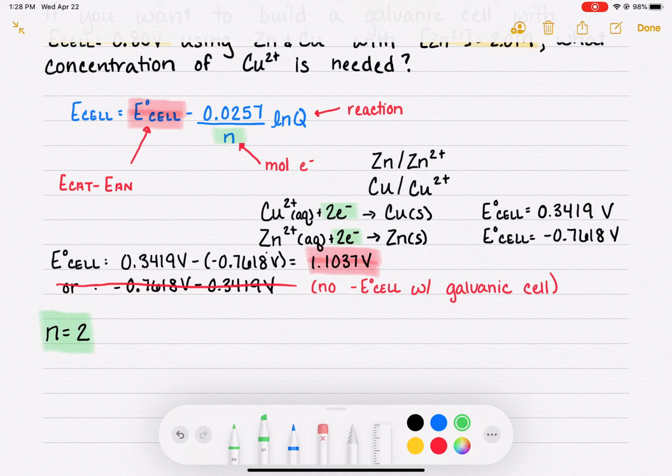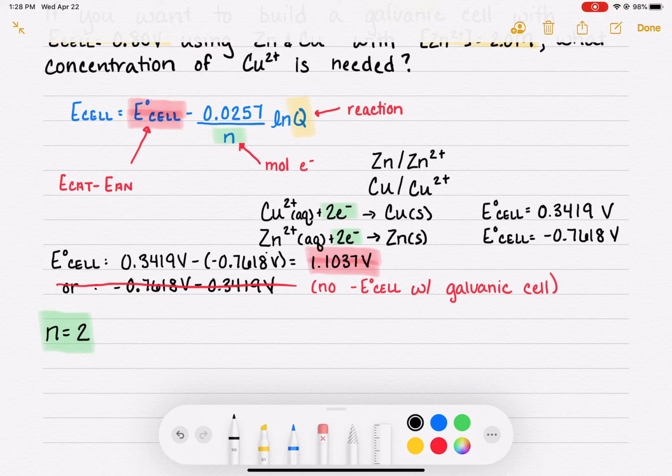So that was easy. The last thing that we need to figure out here is the Q. This one's going to be a little bit trickier. We know Q is products over reactants raised to the stoichiometric coefficients. What we don't know is what are the products and what are the reactants in this.